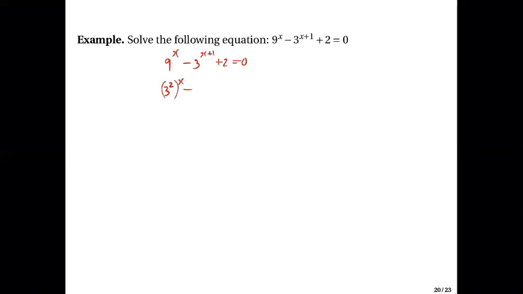You can write it as 3 times 3 to the x. Correct? 3 here is 3 to the 1, so 3 to the 1 times 3 to the x is 3 to the x plus 1. And then you have plus 2 equals 0.